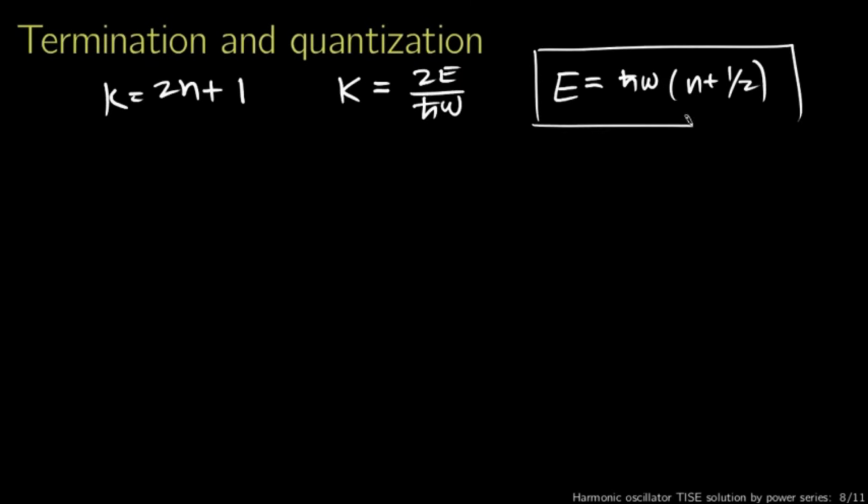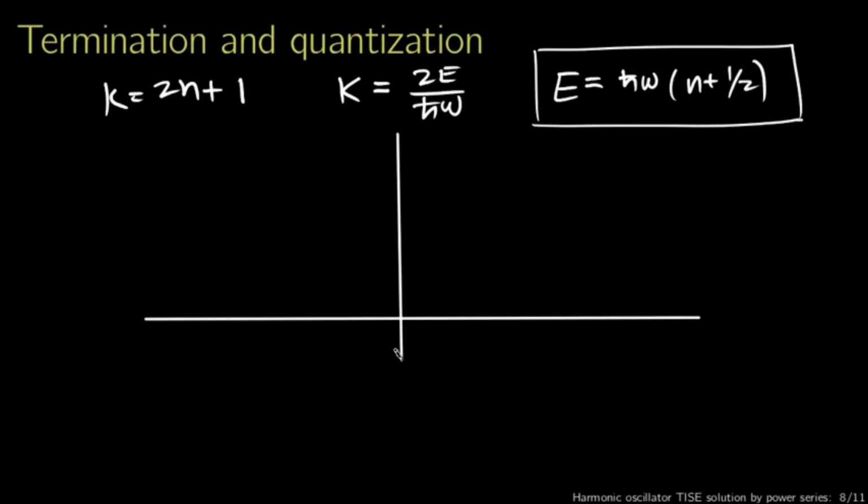This is our quantization condition, which we get from the requirement that our power series terminate. What this means is that we have to choose our energy very carefully. We have an integer for n, and only a specific discrete set of allowed energies will give us normalizable solutions.